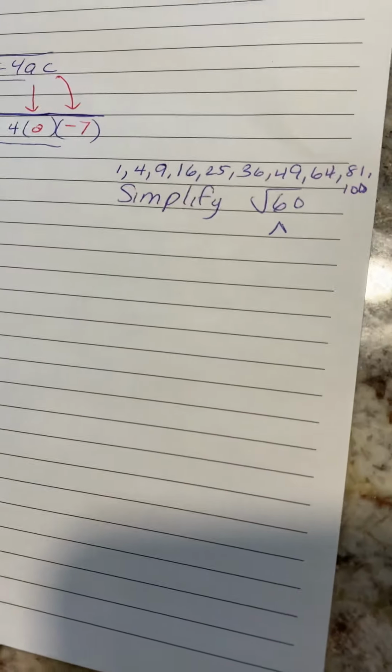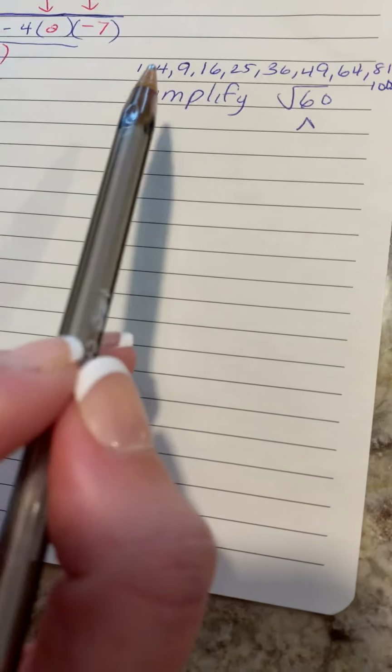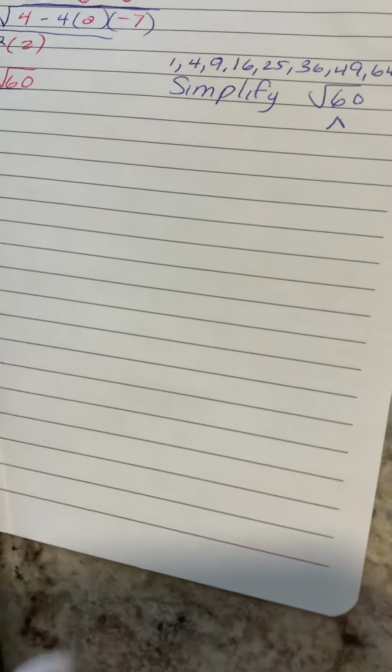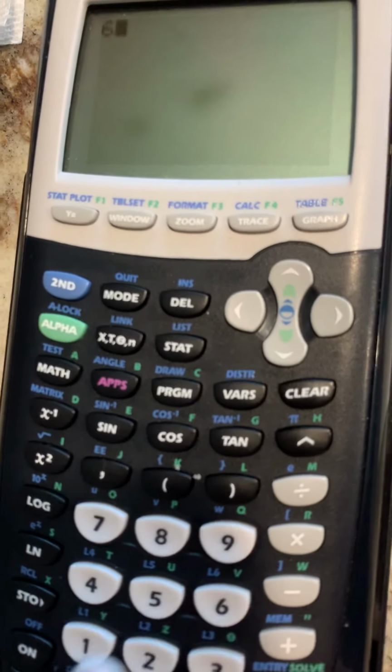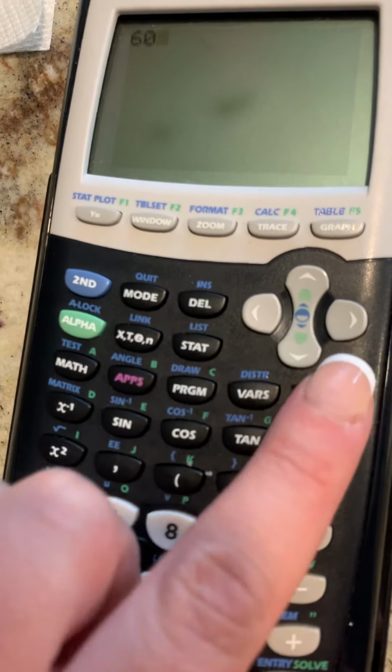I usually go up to 10 squared, which is 100. Really, I don't even have to go past 60 because anything bigger than 60 won't go into 60. I have to pick the highest number on this list that goes into 60. Well, 64 is definitely too big, so that won't work. 49, no, 49 is not going to go into 60. I could double check if I want.